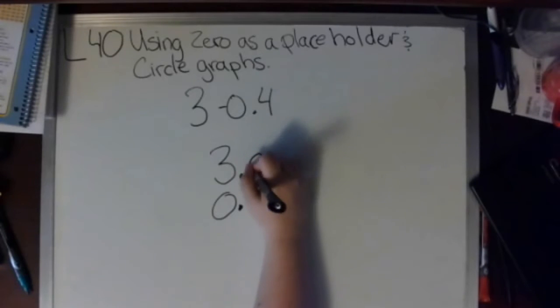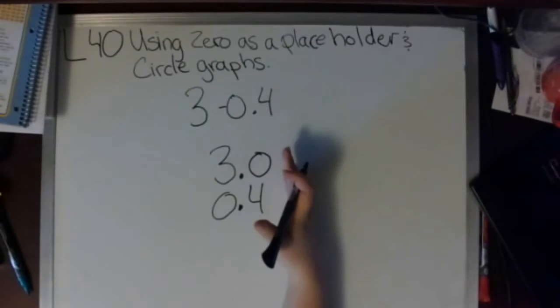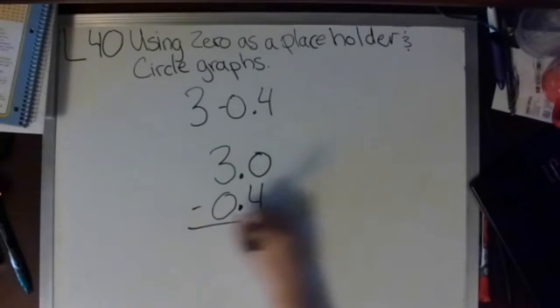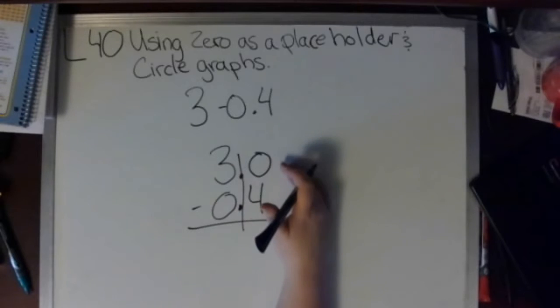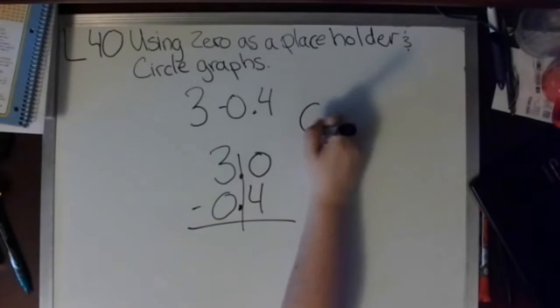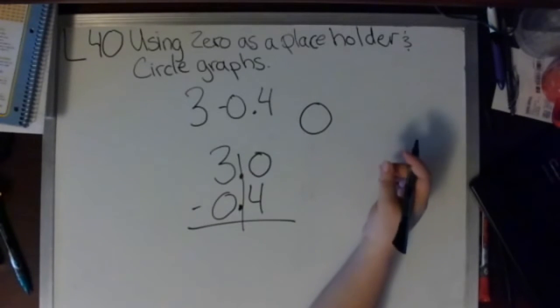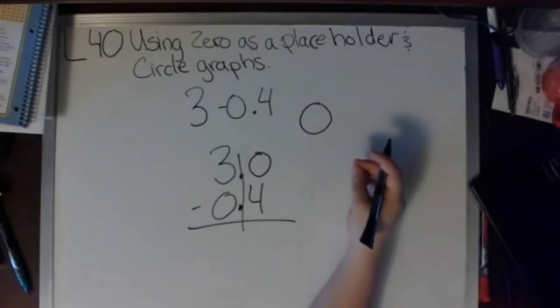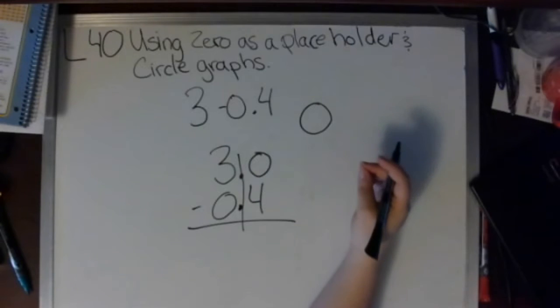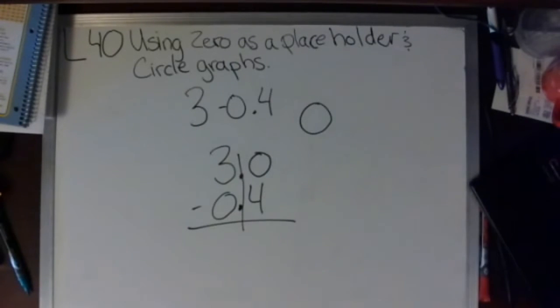But the 0, to me, just visually looks nicer because you know you haven't messed up and made things where they shouldn't be, and I just like to see something there. Remember, 0 is nothing. Its entire purpose is a placeholder. Its entire purpose is to say something could be here, but it's not right now. Okay, that's what using 0 as a placeholder is. That is what they're talking about.